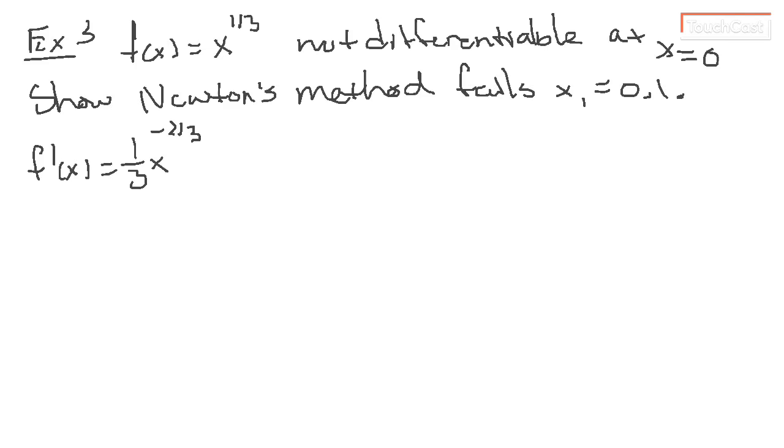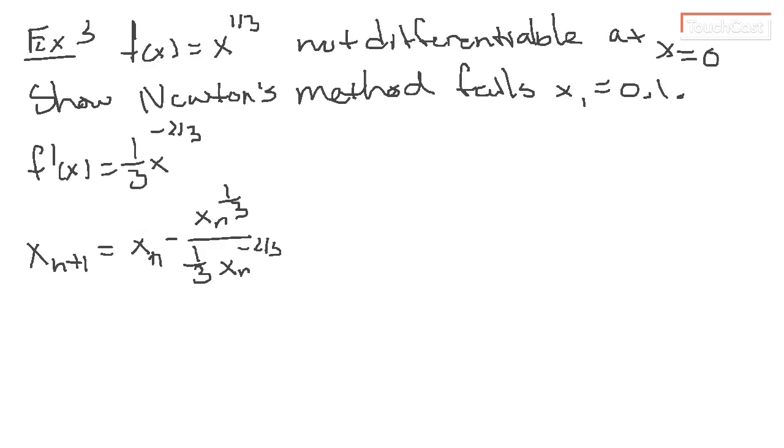Okay, so now we're going to take our recursive formula, xn plus 1 equals xn minus f of xn over f prime of xn. So we're going to have xn to the 1/3 over 1/3 times xn to the negative 2/3.